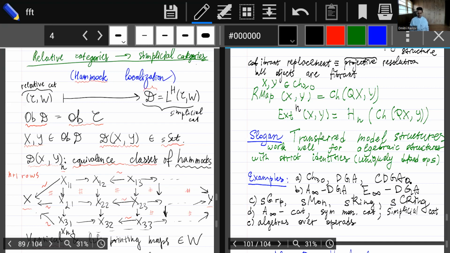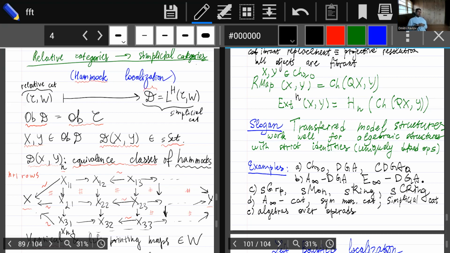And this really has to do with the fact that not every E infinity DGA in characteristic p is weakly equivalent to a commutative DGA. But let's not worry about this too much. It's not particularly relevant for what we want to do later.